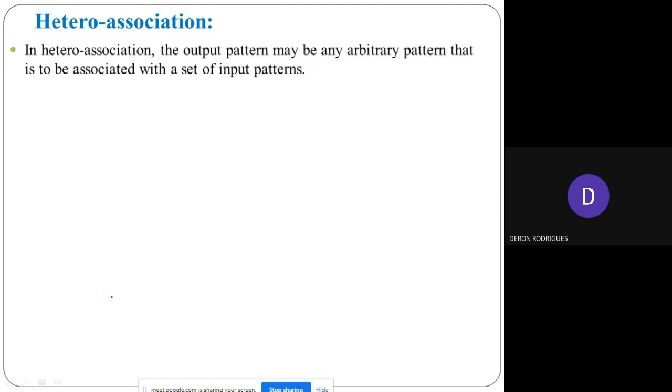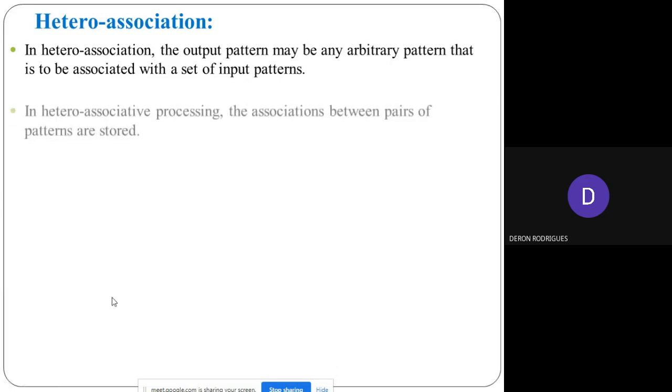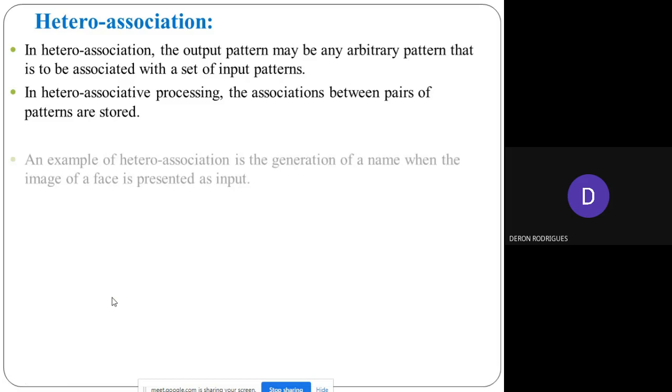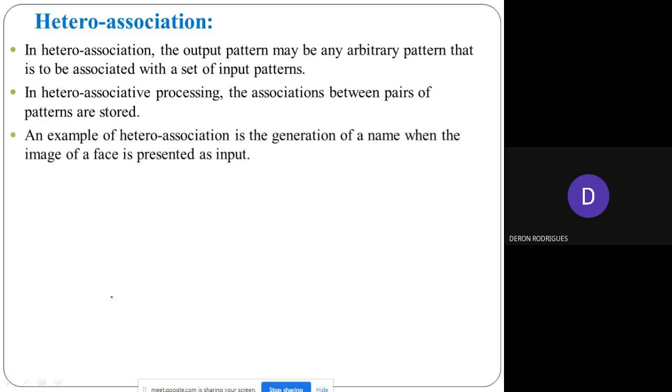Now moving to hetero association. What happens in hetero association? The output pattern may be any arbitrary pattern that is to be associated with a set of the input patterns. So basically here there is a sort of association between the pairs which are stored. One example of hetero association is the generation of the name when the image of the face is presented as the input.